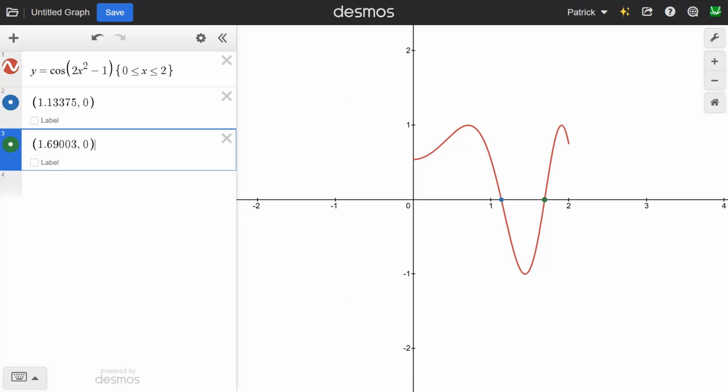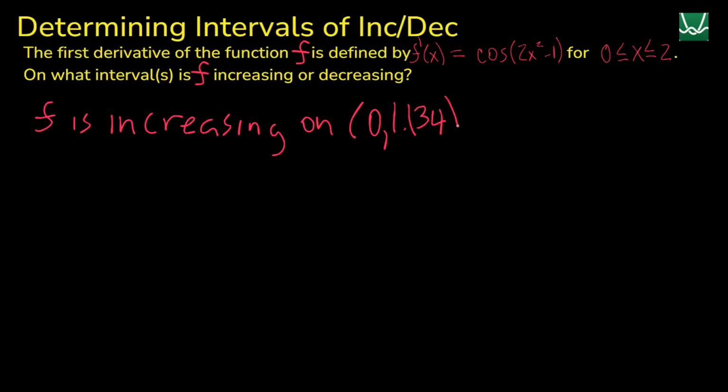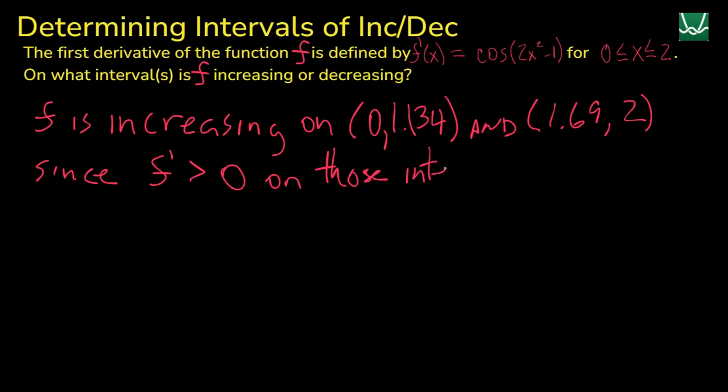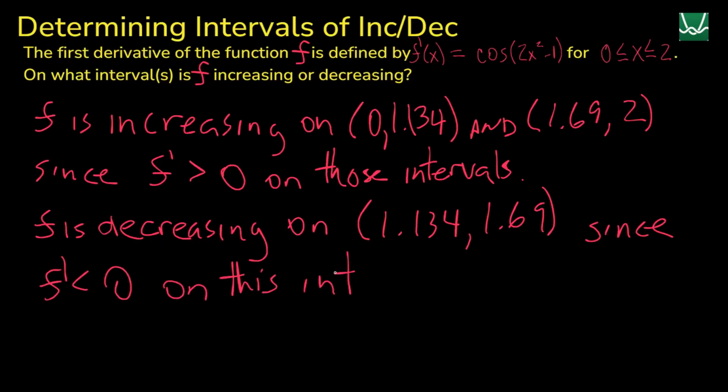So when answering the question, we can say that f is increasing on 0 to 1.134 and 1.69 to 2, since f prime is positive on those intervals. Then we could also say f is decreasing on the interval 1.134 to 1.69 since f prime is less than 0 on those intervals.